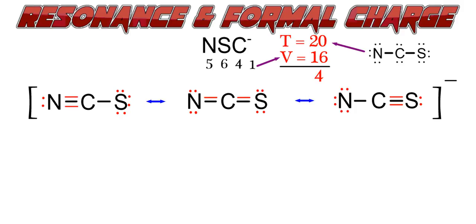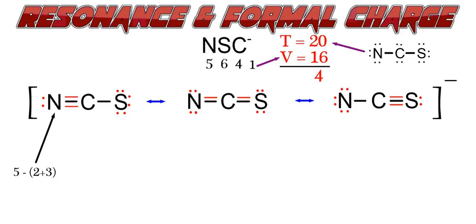Formal charge is when you take the number of electrons that an atom has, and then you subtract the sum of the unshared electrons, or the number of electrons that aren't in a bond, plus the number of bonds, or formally you would say half of the shared electrons. So if I did that for just one of them, that's what I have for that nitrogen.